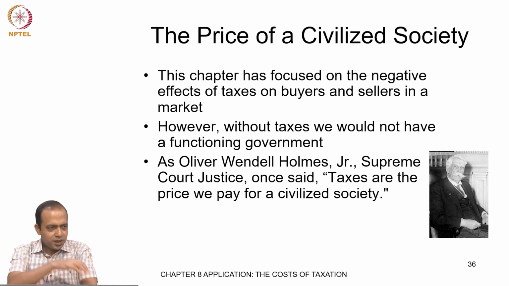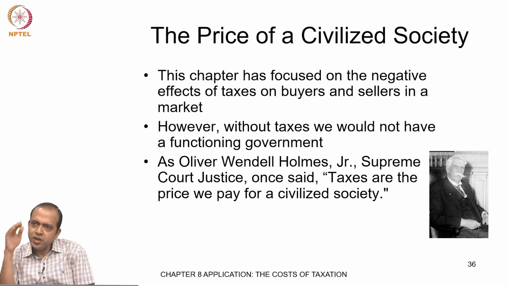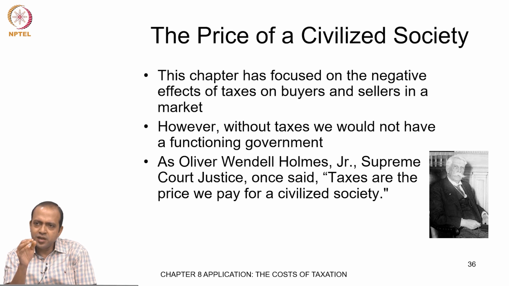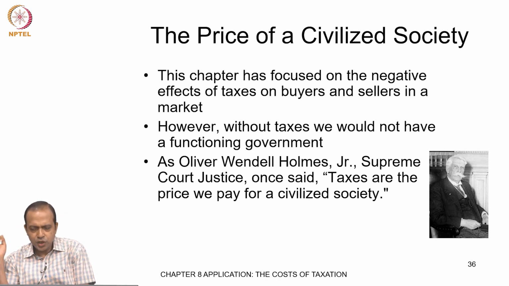All right. And then we saw that when tax is imposed, that imposes some cost on the society. You might be thinking, yes, because we are paying a higher price and sellers are receiving a lower price, that is the cost to the society, but that is actually not the cost.